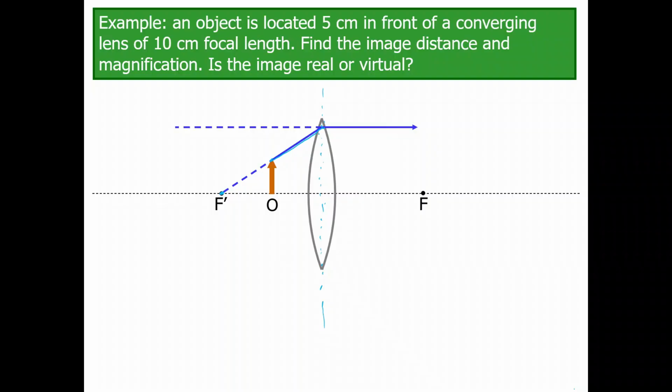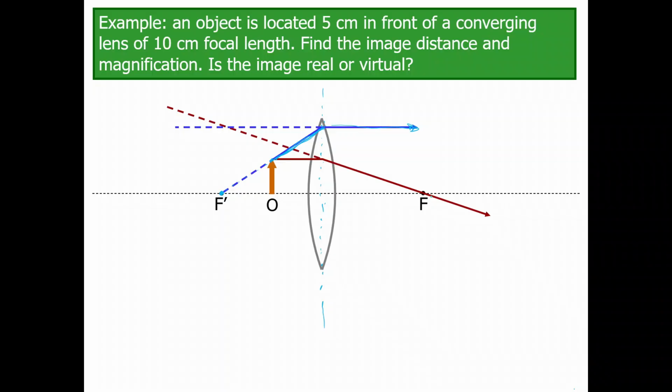So instead what I do is I put my ruler down, and I'm going to trace that line backwards. It's dotted here because it doesn't actually go that way. The light doesn't travel that way. But I figure out what's parallel, and that allows me to draw this part here. And then once it hits, it goes parallel to my principal axis. And then I can trace those dotted lines backwards because I know that this is going to diverge.